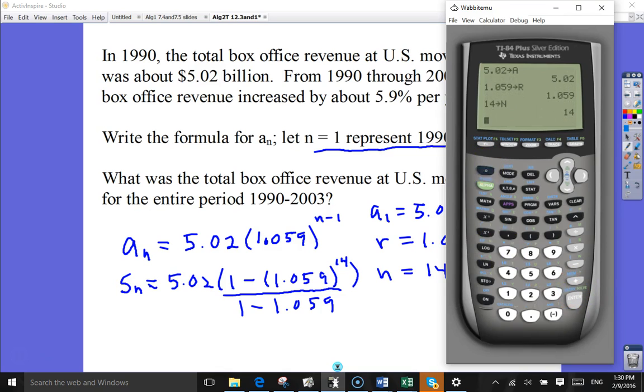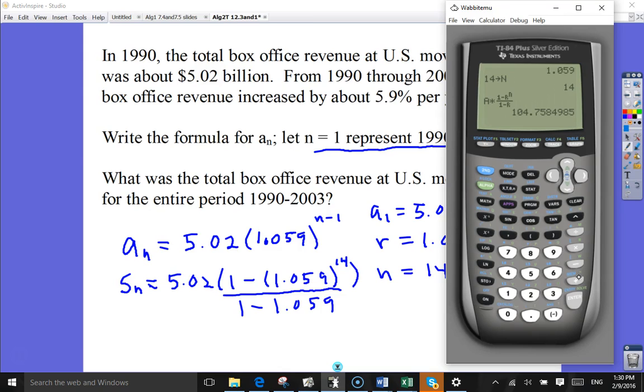Now I'm going to go through the second enter until I get to my formula back again. Okay, there's the formula for the sum. Hit enter. 104.8 billion. I didn't have to redo the formula. It was already in there.